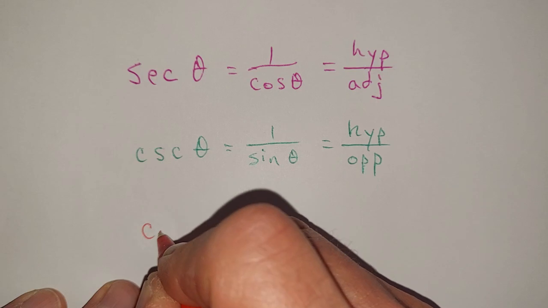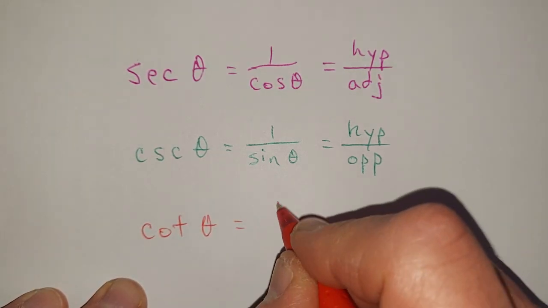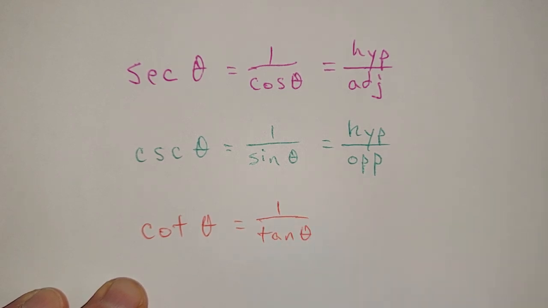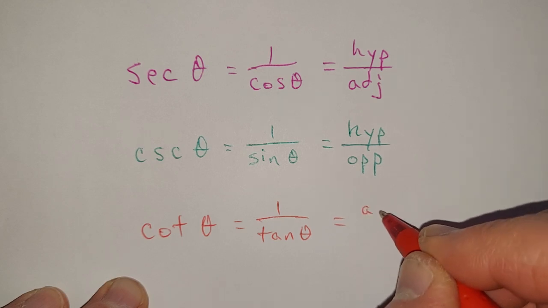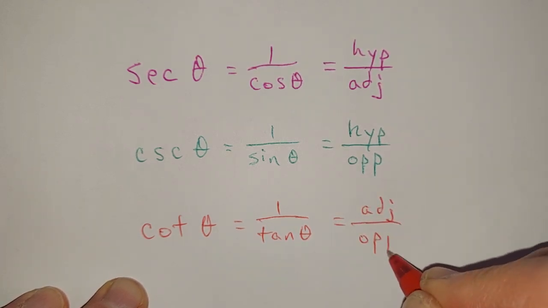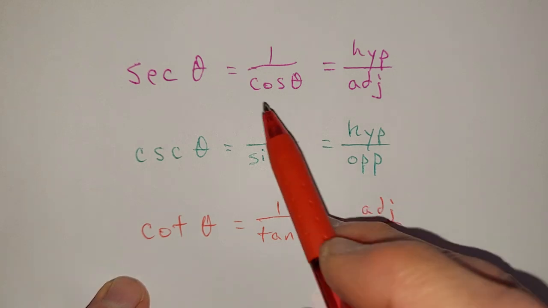And the cotangent of theta is 1 over the tangent of theta. Tangent's opposite over adjacent, so this is adjacent over opposite. All you have to do is flip them.